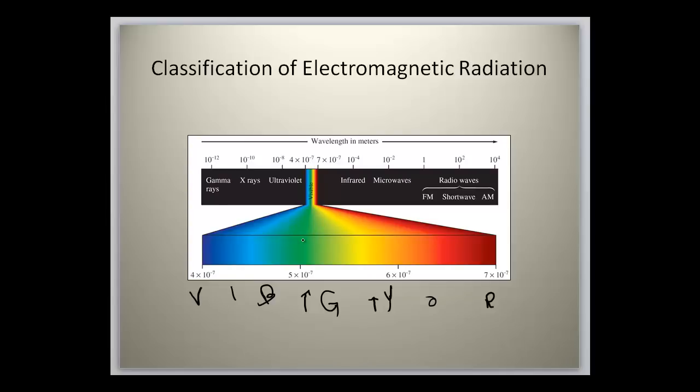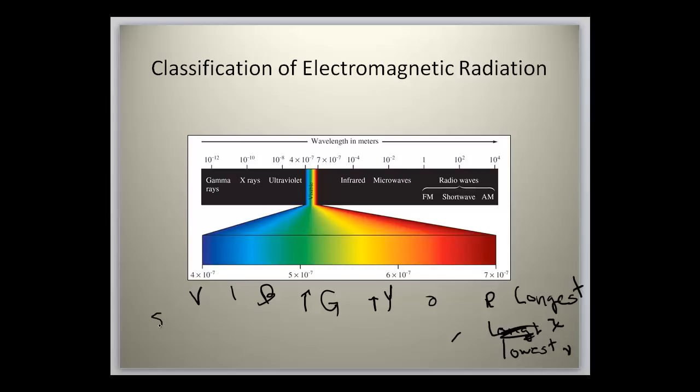We're not going to memorize all these, but what you would want to know is that red light has the longest wavelength and the lowest frequency.